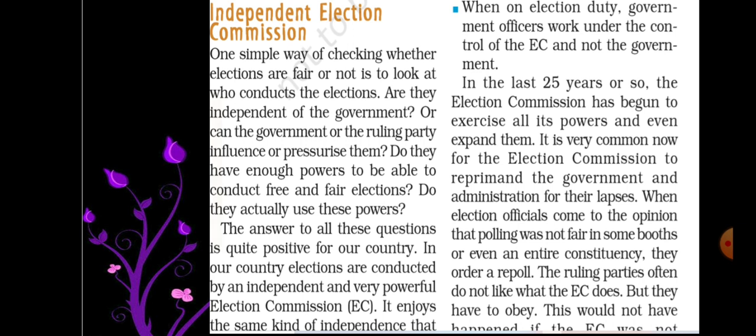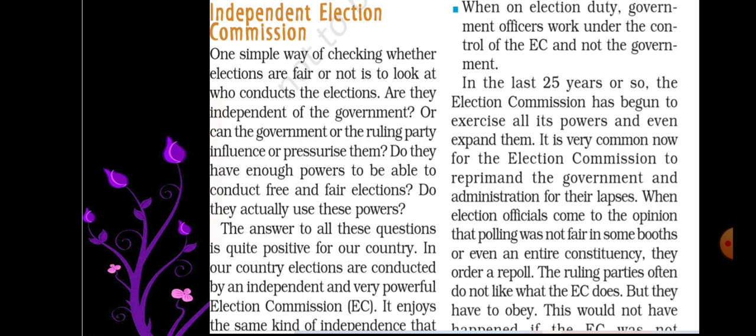The interest of the voters in election related activities has been increasing over the years. The report says that over the years there is an increasing interest of the people in voting related activities, that is, elections.